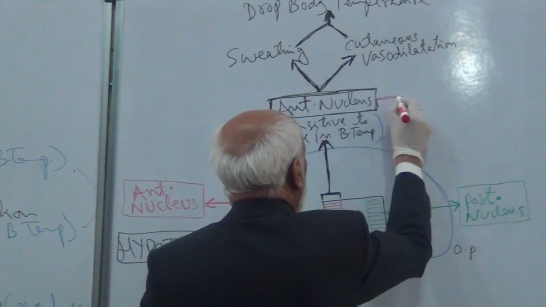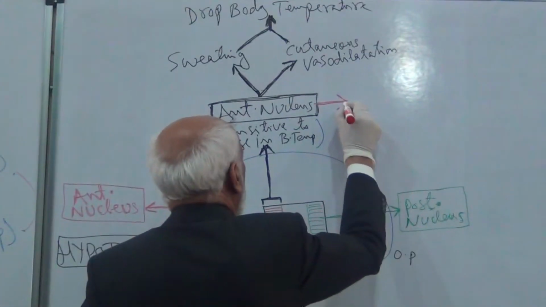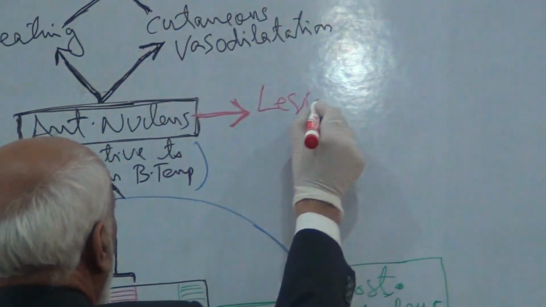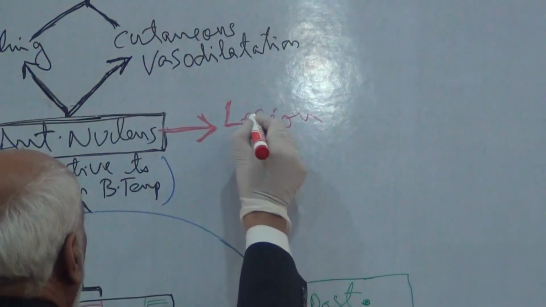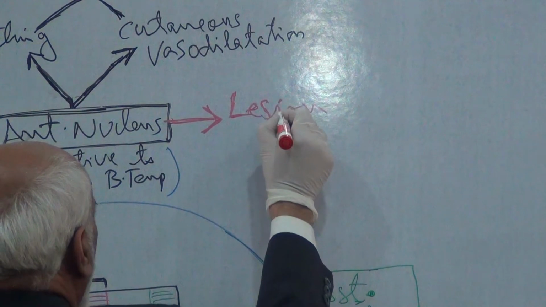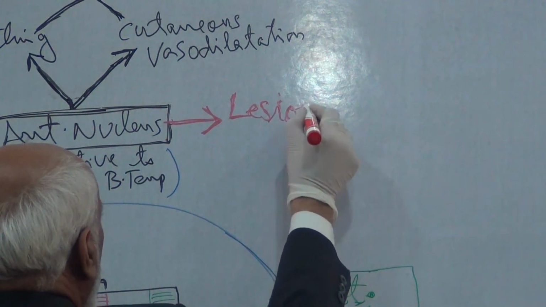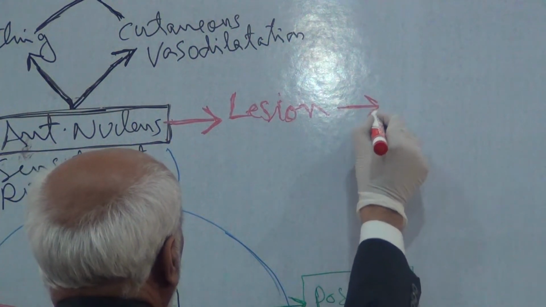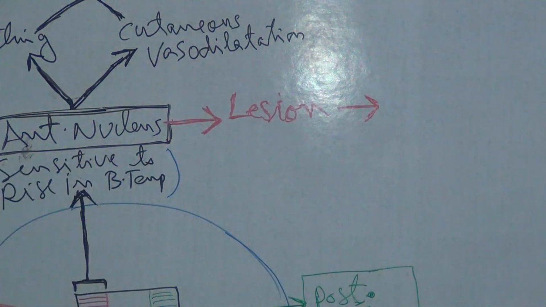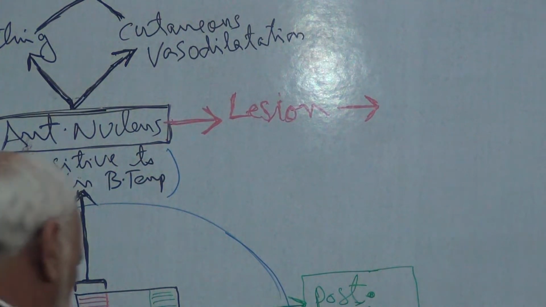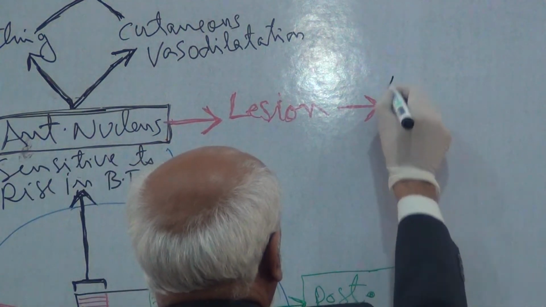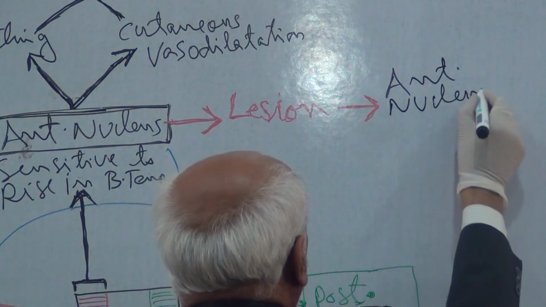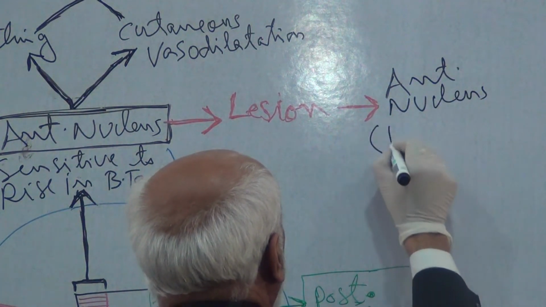Now, when there is a lesion of the anterior nucleus of hypothalamus, the anterior nucleus will be depressed, is inhibited.